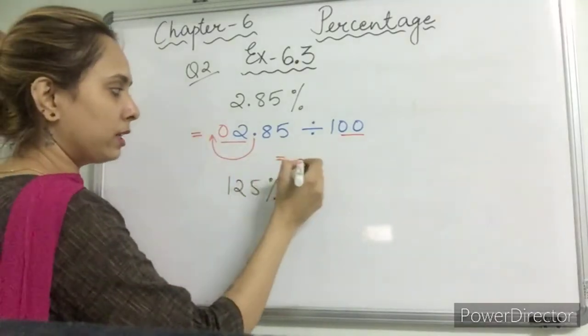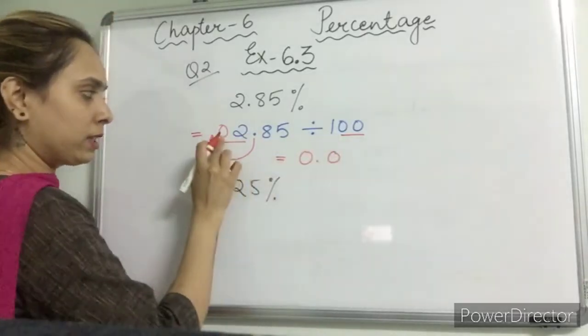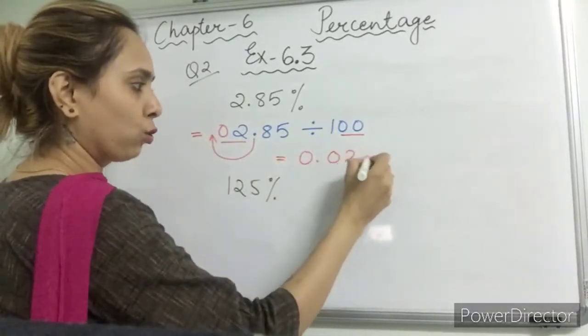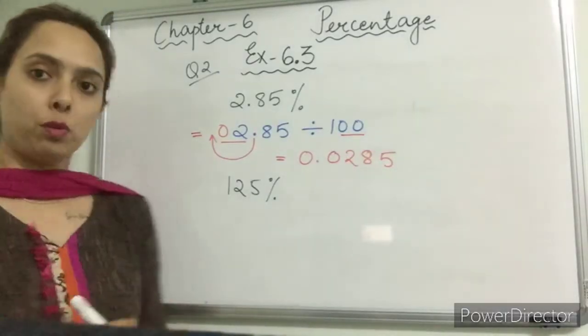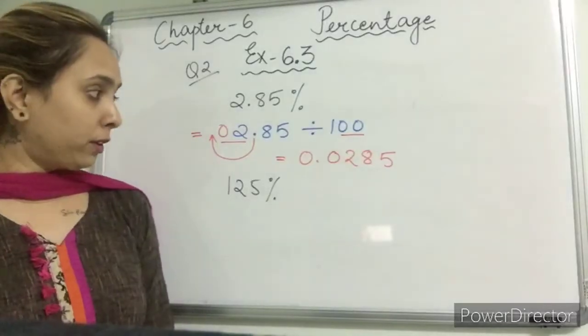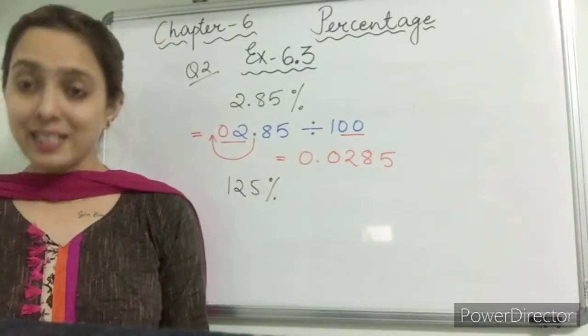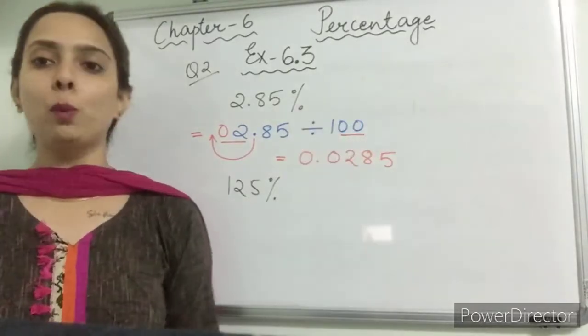So the answer is 0.0285. You have this option in your match the column, the second last option is the answer for 2.85.